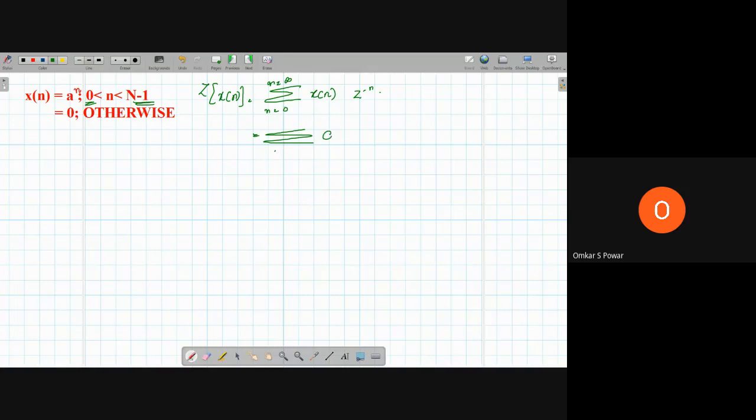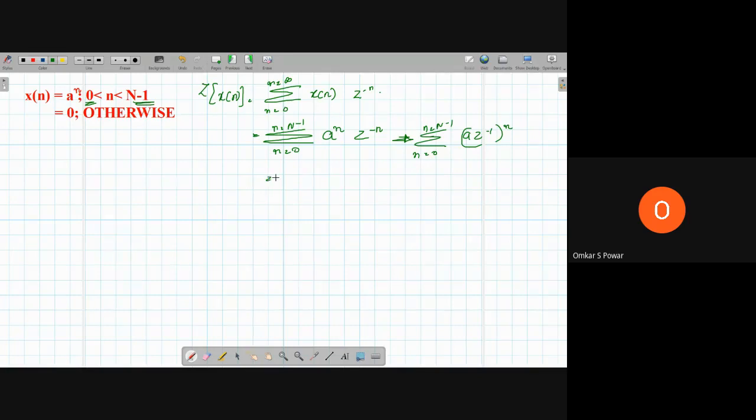Your x of n is a power of n, the range is 0 to N minus 1, z power minus n. How can you simplify this further? Summation n varies between 0 to N minus 1, of a z to the power of minus 1 whole to the power of n. It is similar to one formula.